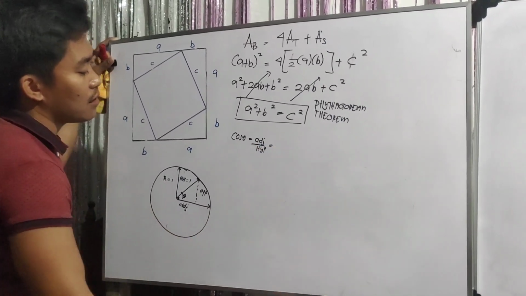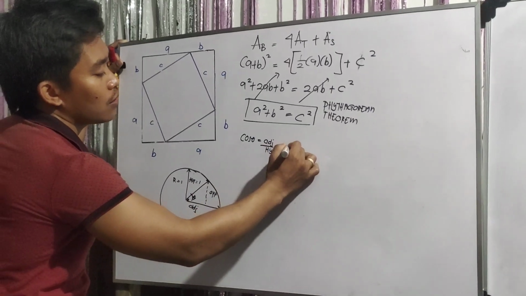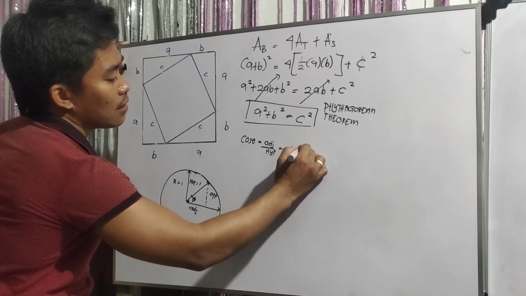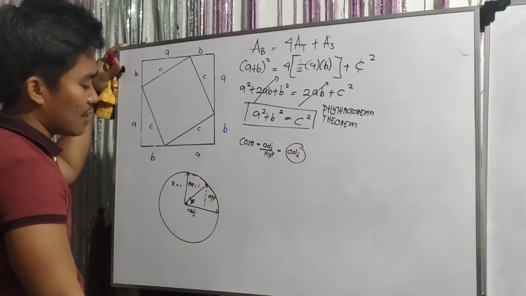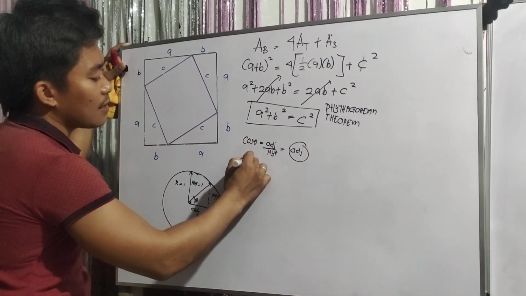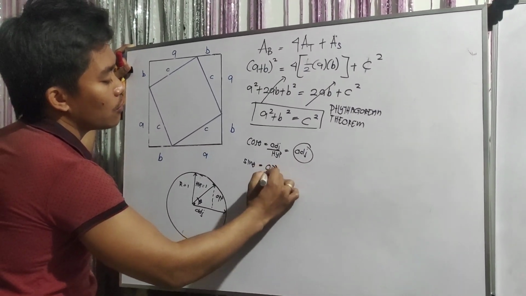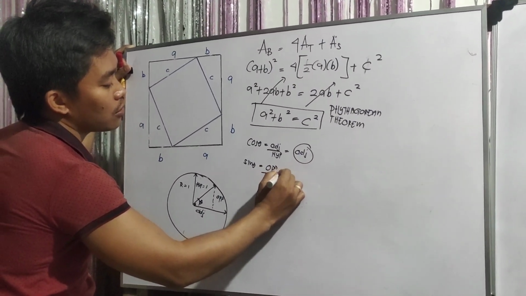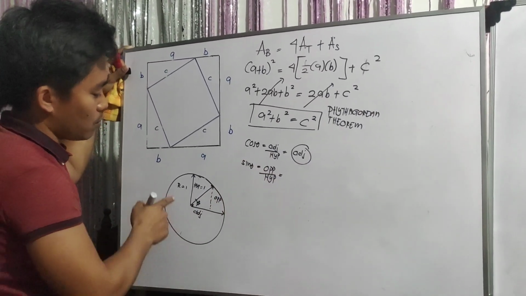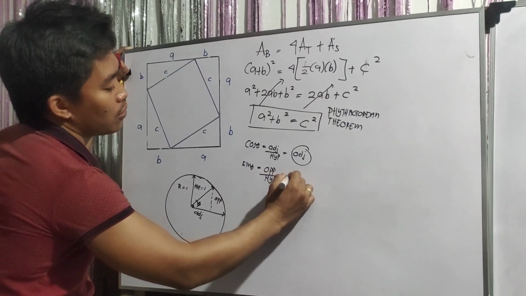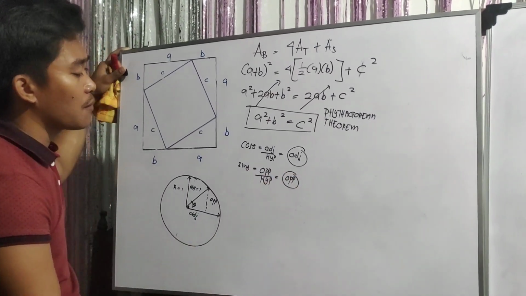But in this case, hypotenuse is just equal to the radius, which is 1. So, cosine theta is just adjacent. Now, how about the sine theta? Sine theta is just opposite over hypotenuse. But again, in this case, hypotenuse is equal to 1, the radius. So it's opposite over 1. This is the opposite.